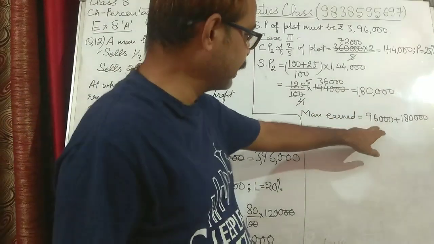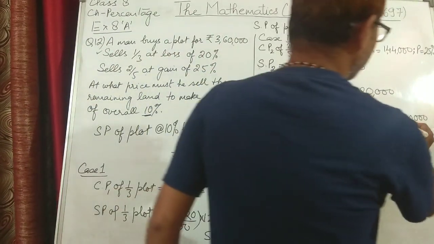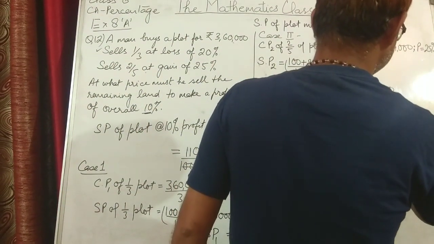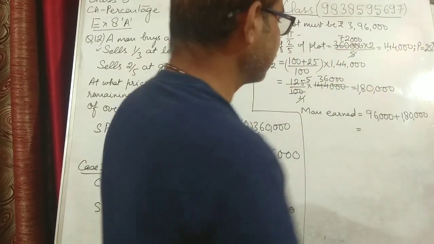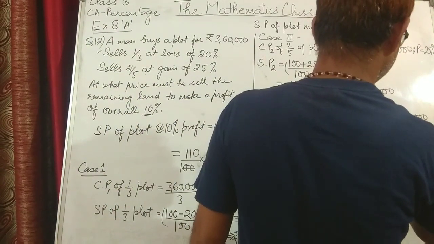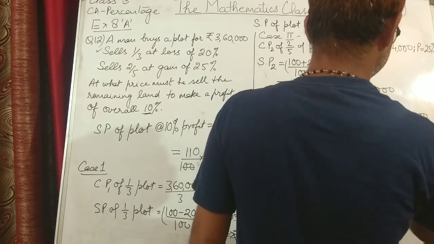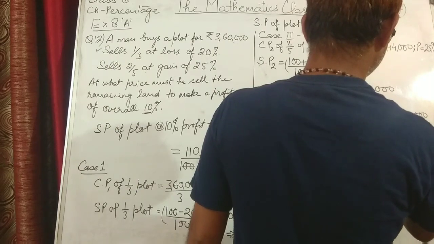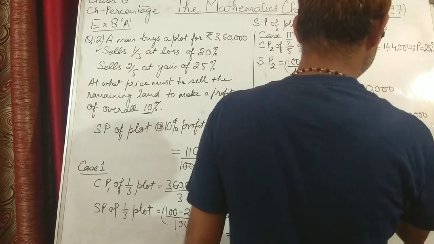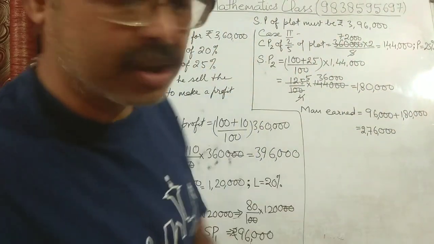So when you add 96,000 and 1,80,000, it comes to 2,76,000 rupees that he already earned.